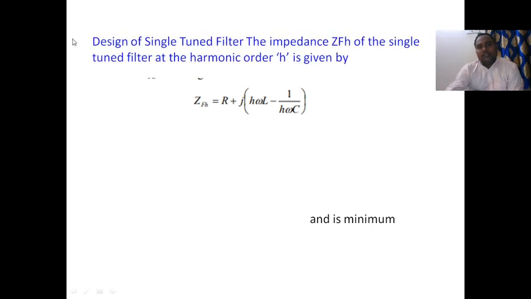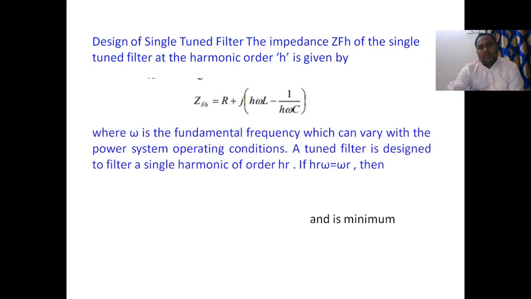Design of single tuned filter. The impedance Z of the single tuned filter at the harmonic order h is given by R plus j(h omega L minus 1/(h omega C)), where omega is the fundamental frequency, which can vary with the power system operating condition.